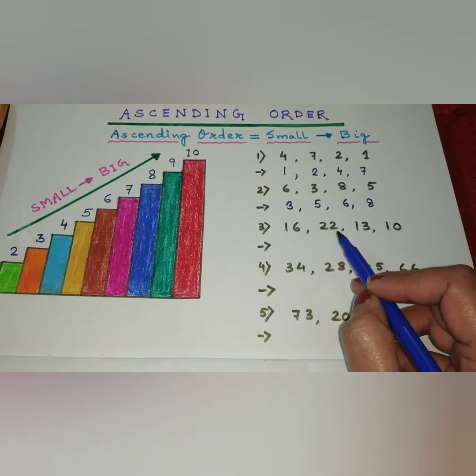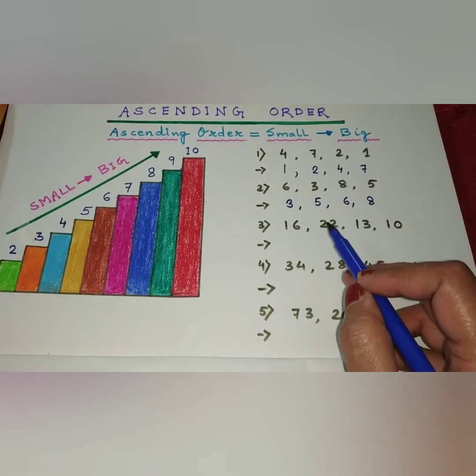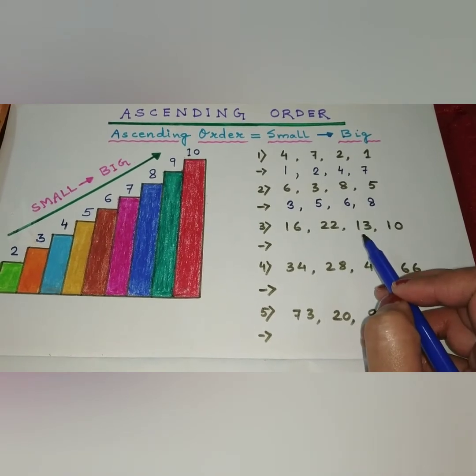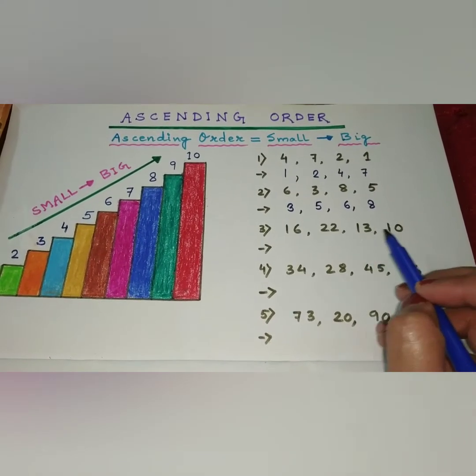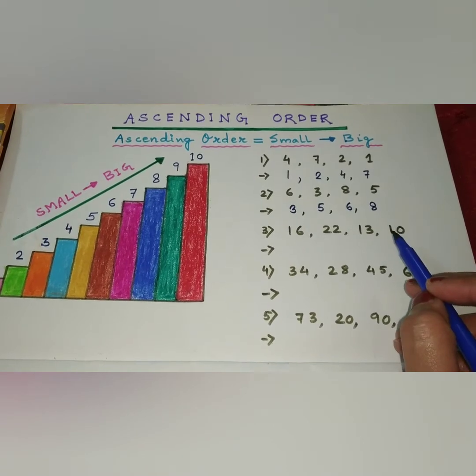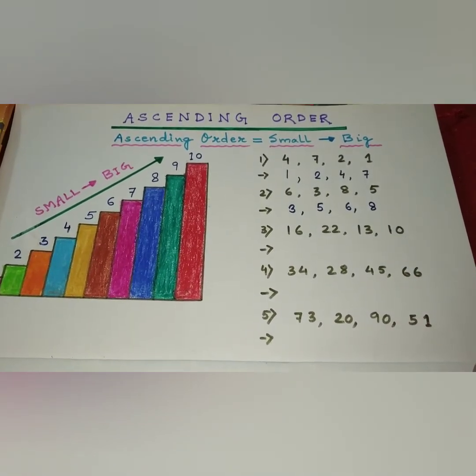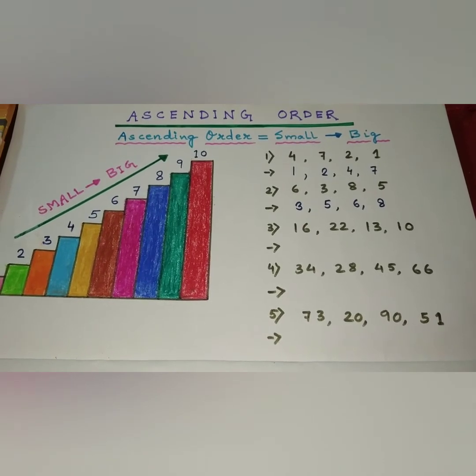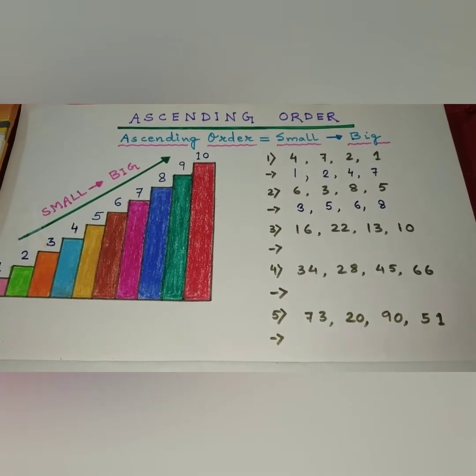The first digit in number 22 is 2. The first digit in number 13 is 1. Again, in number 10, which is the first digit? Right, the first digit is 1. So, let us solve now.